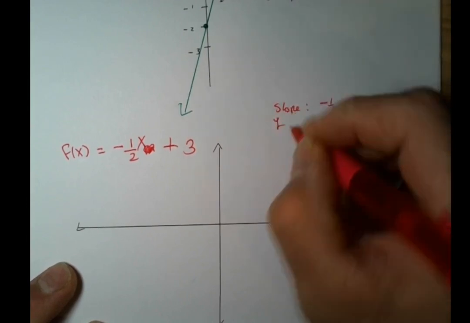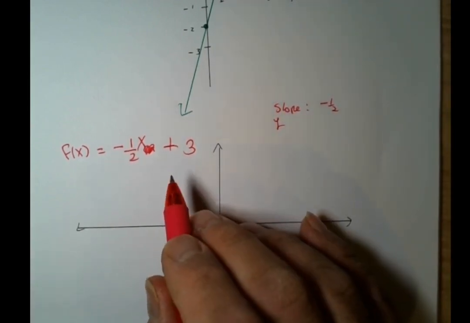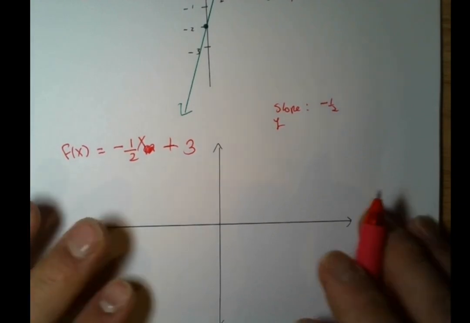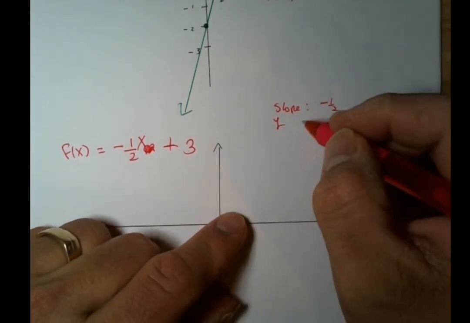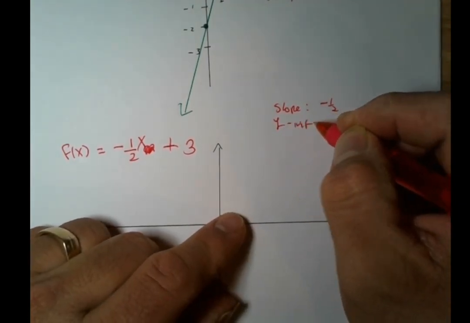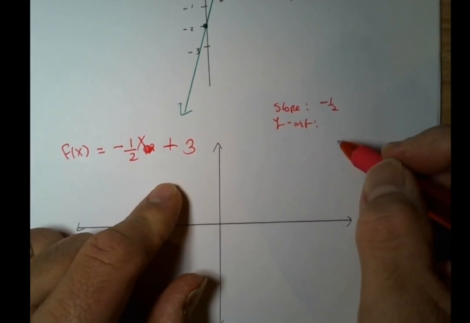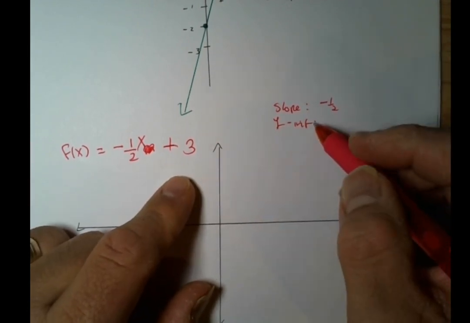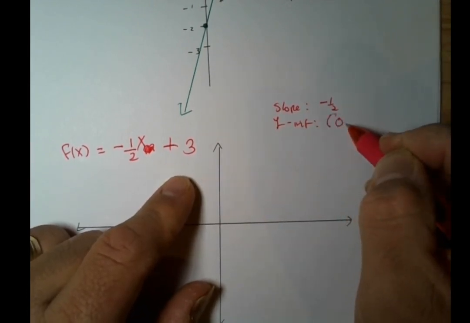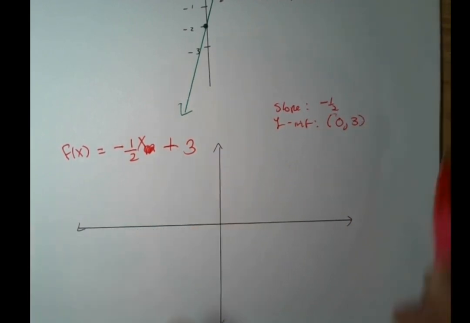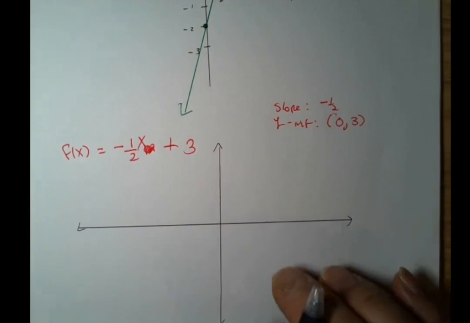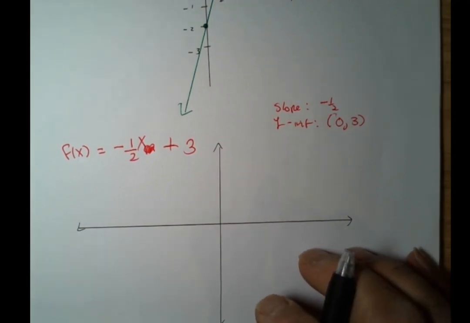And I know the y-intercept. When we say slope-intercept, we are implying that it is the y-intercept. Remember, the y-intercept is a point, not a number. It doesn't make sense to say 3. The y-intercept is 0, 3.